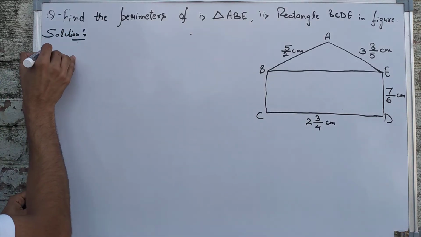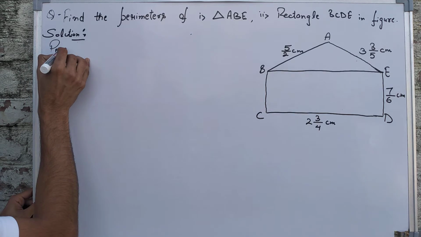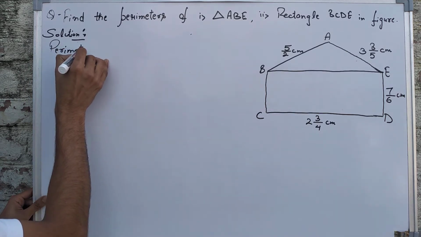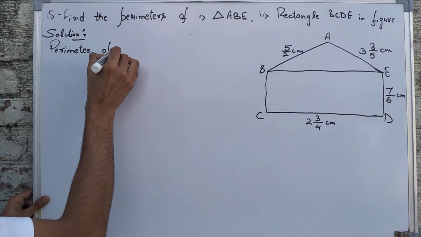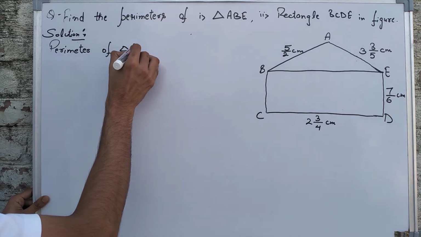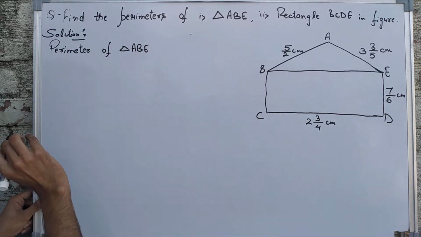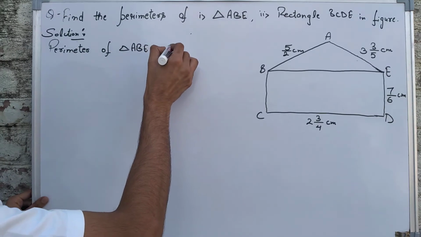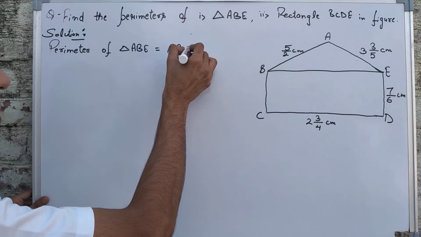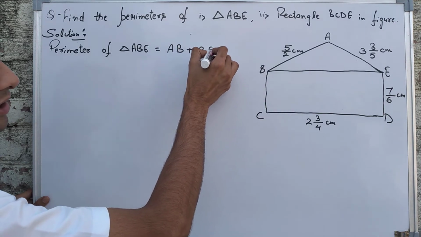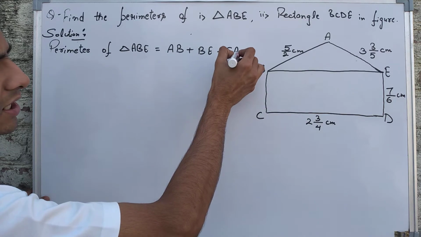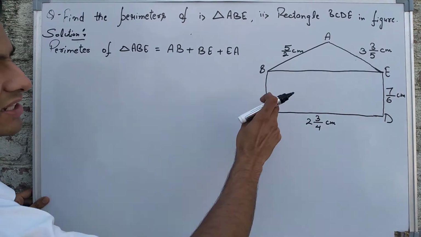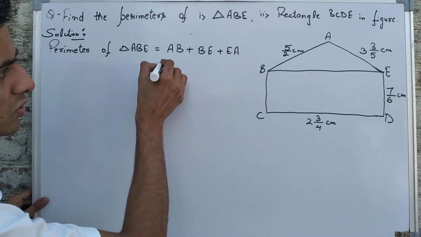Okay, perimeter of triangle ABE is equal to AB plus BE plus EA. You have the length of AB, it is equal to 5 by 2.